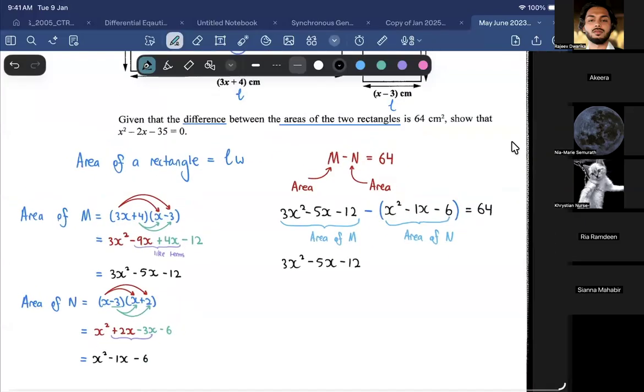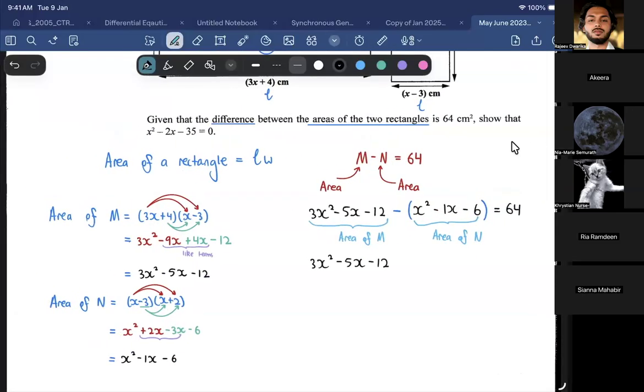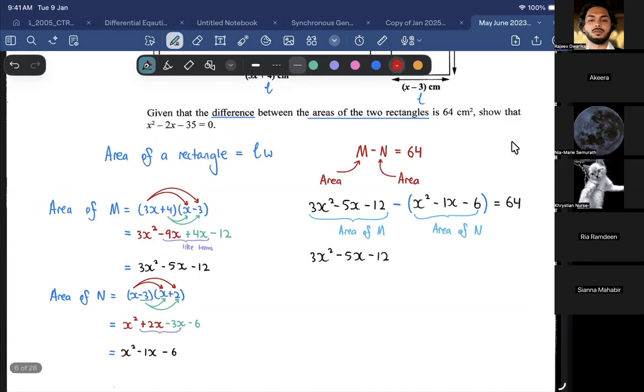Remember, what are we working towards? What are we trying to show? Read the question. We are trying to show that x squared minus 2x minus 35 equals 0. So we're working our way towards that.